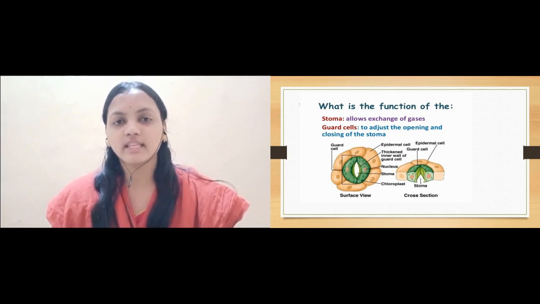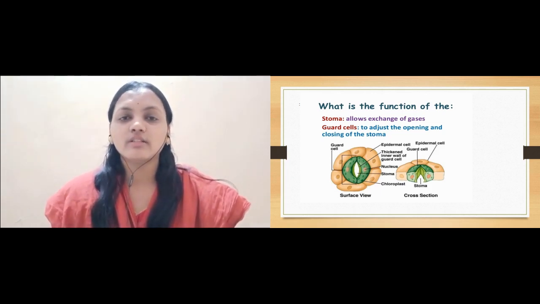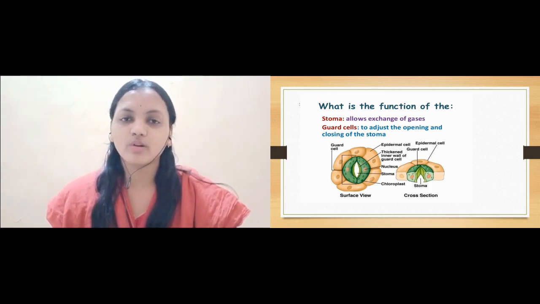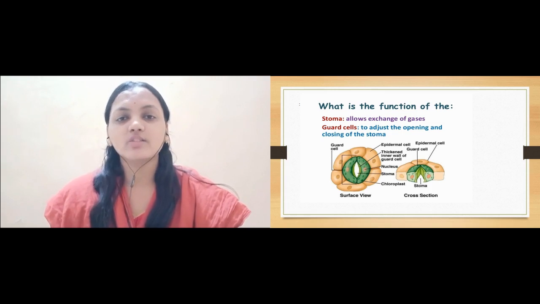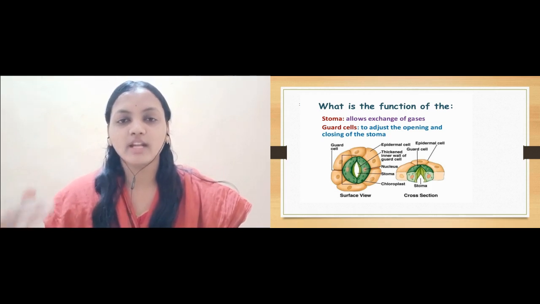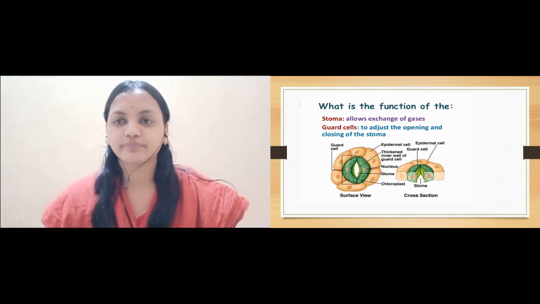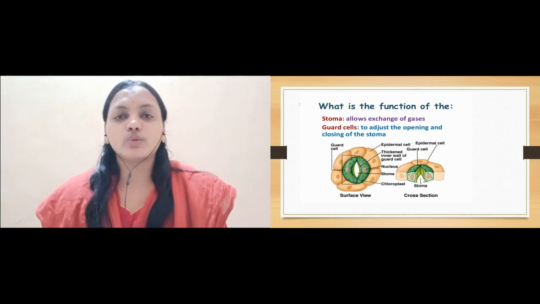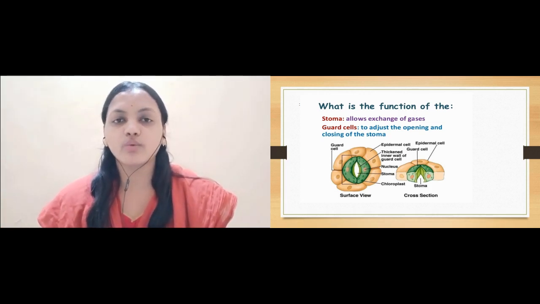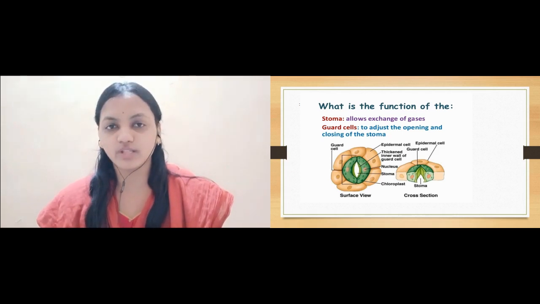You can see in the picture given that these stomata have stoma, which are also called openings. These openings allow the exchange of gases from inside out and outside in. So these stomata play an important role during the process of photosynthesis.